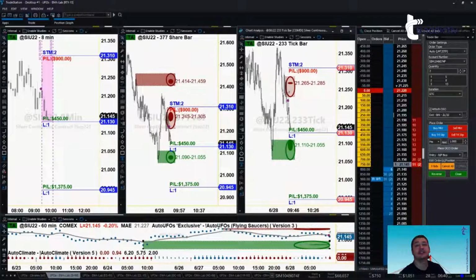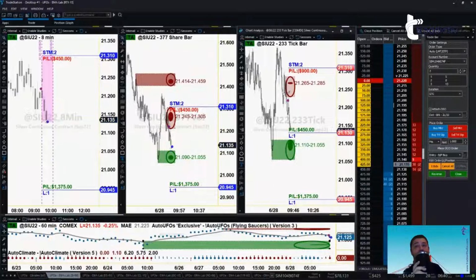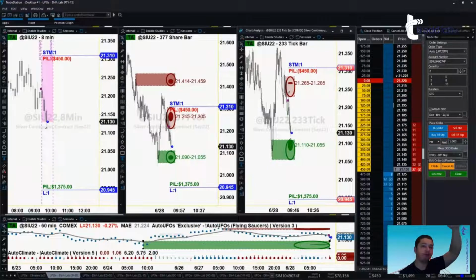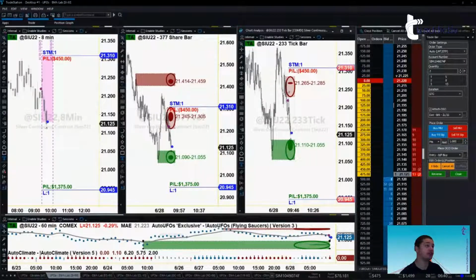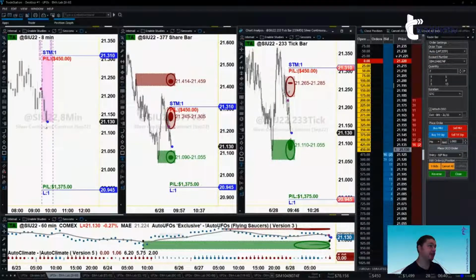So yeah, let's see. Looks like we may get a fill finally on our silver short. There it is, 450 on silver as well. So not bad, guys. Not bad at all, right? We're looking at 450 plus, I think 920 is what we got, depending on where you close it, plus the 175 from the T1, which I have to double check.